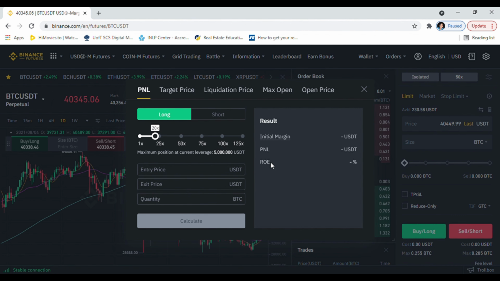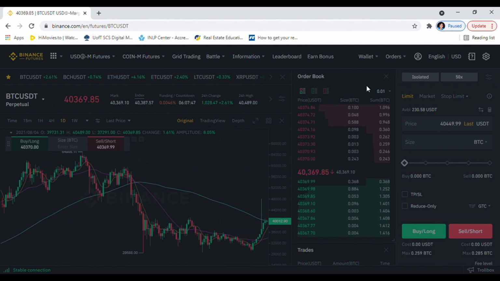It's been a lifesaver for me. I've been able to know exactly how much money I'll be making. I've been able to know exactly when I'll be getting liquidated. You can even determine how much money you need to make a certain amount of money. So you can do all that math in this calculator here, and it takes a bit of practice to understand how it works, but trust me, once you get it, it is amazing.